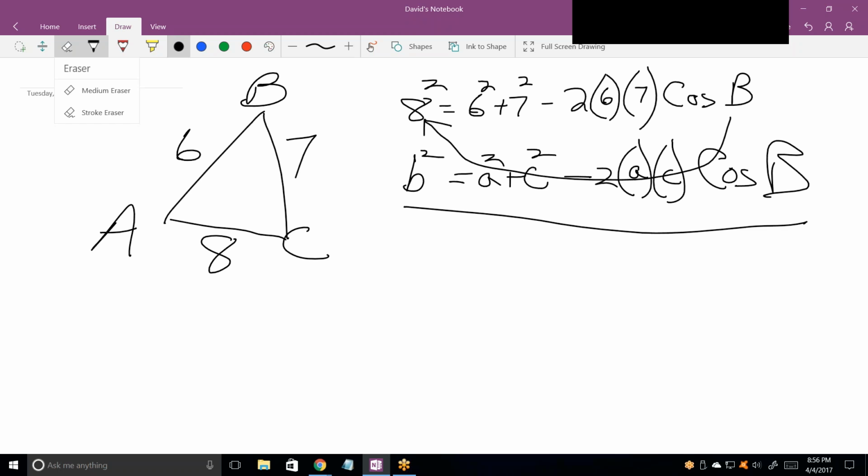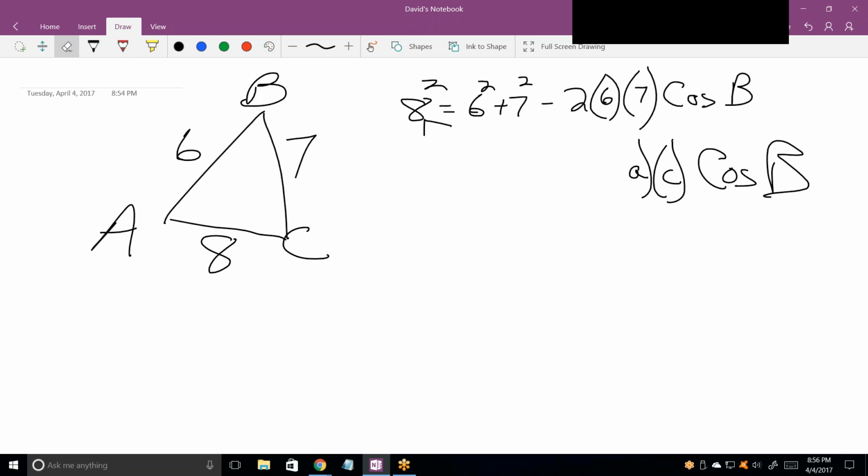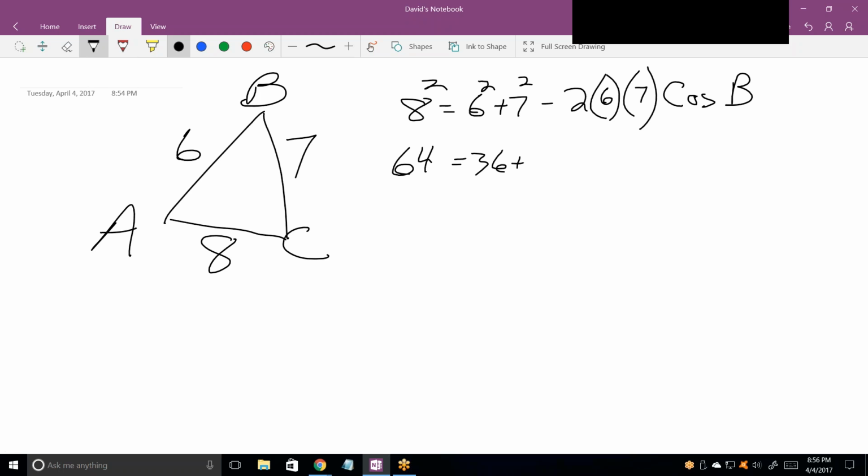Okay. Now, when we fill it all in, let's calculate what this is. So 64 equals 36 plus 49 minus 14 times 6, so 84, cosine of B. Now, notice what the unknown is.